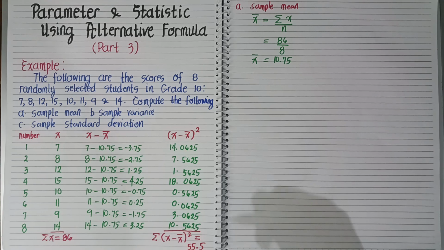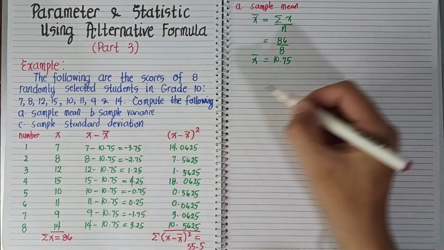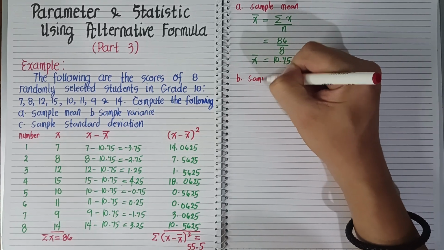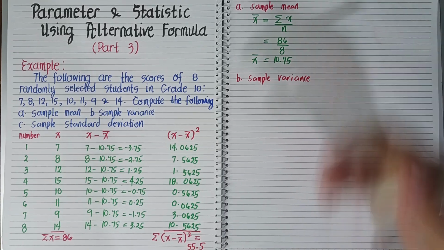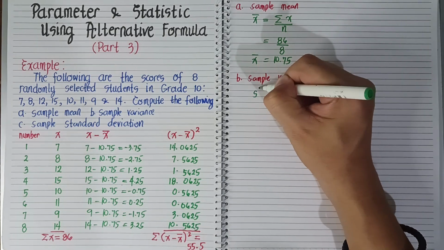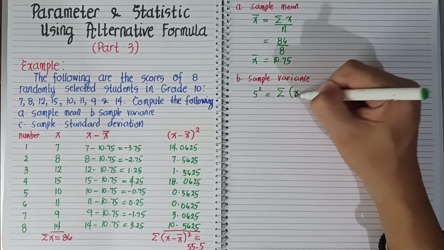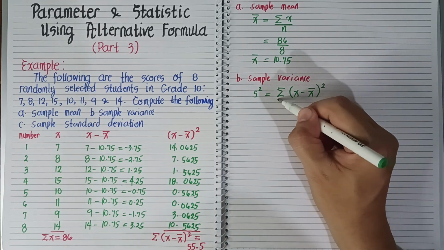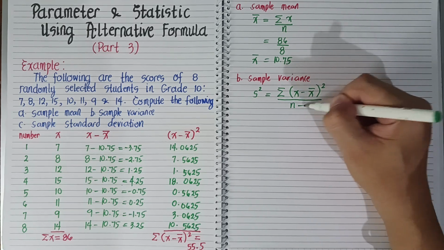And then, since we already computed for A, which is the sample mean, next sample variance. So, sa letter B, for the sample variance, the formula is given by, kung natatandaan nyo, sa previous video natin, s squared is equal to the summation of the quantity x minus x bar squared, divided by n minus 1.